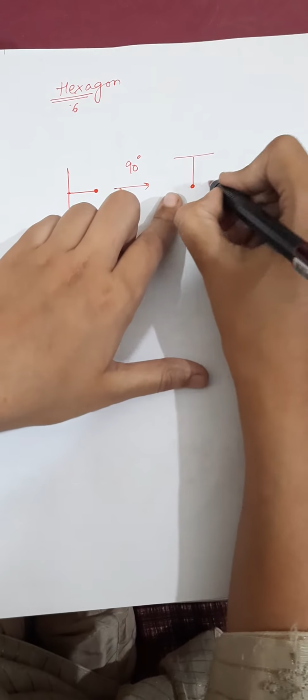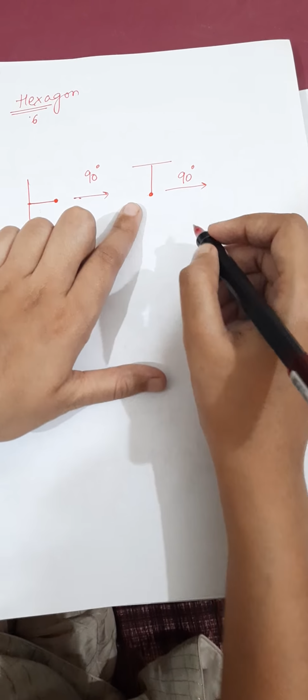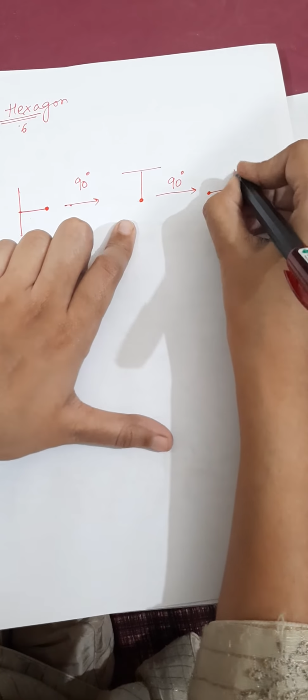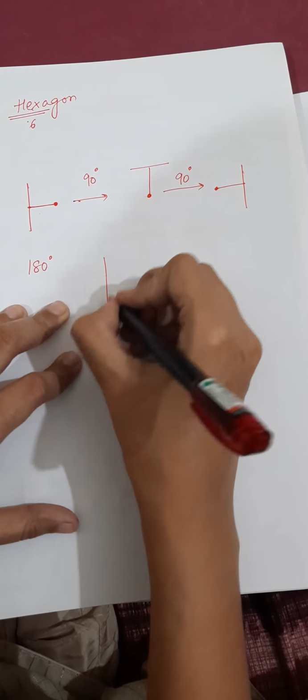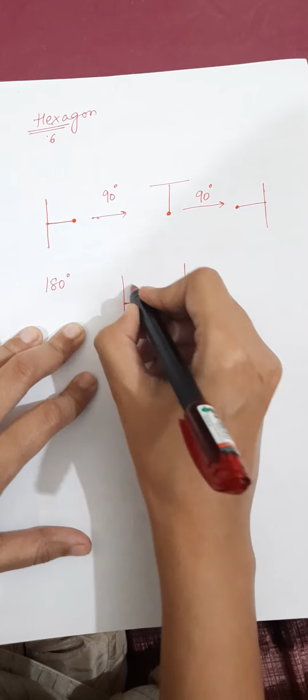Now again I am going to rotate it at an angle of 90 degrees. Now what will it be? This again is going to come to this side, so this will become like this. You can clearly see that if this is the side, after 180 it became symmetrical to this.